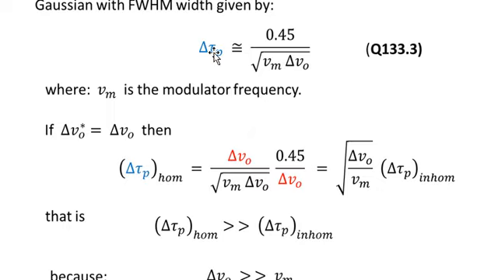You see that the left hand side has been given a label HOM, which stands for homogeneous, as a subscript. And on the right hand side, I have introduced delta nu naught in the numerator and delta nu naught in the denominator. And then you see that this term can be represented as delta tau p for the inhomogeneous case.